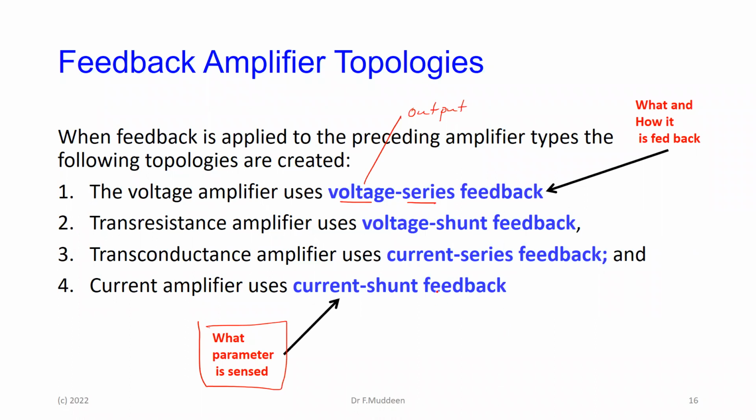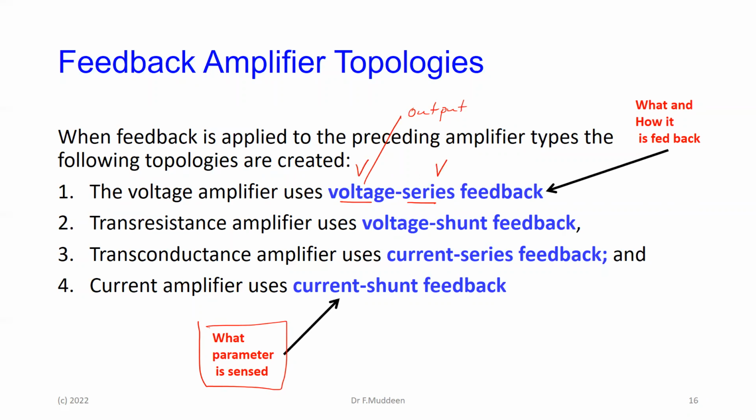I have to feed back voltage. If it's a voltage amplifier, it means V out and V in. The only way to feed back voltage is in series with another voltage. We'll draw the circuits in a second. So a voltage amplifier senses voltage and feeds back voltage, and the voltage happens to be in series. So this is like voltage feedback, if you like.